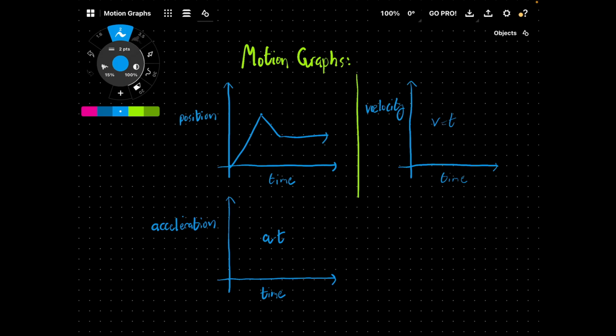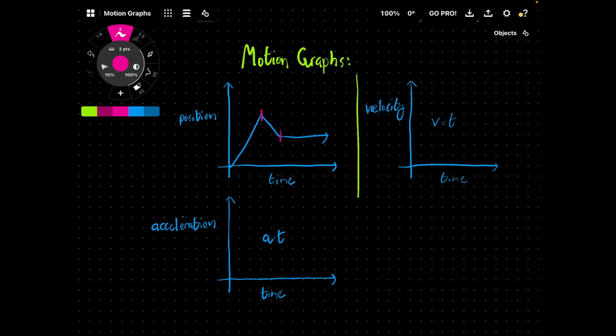Now the velocity is found by determining the slope of that segment. So if I wanted to ask you, how would we find the velocity from within these two purple lines?